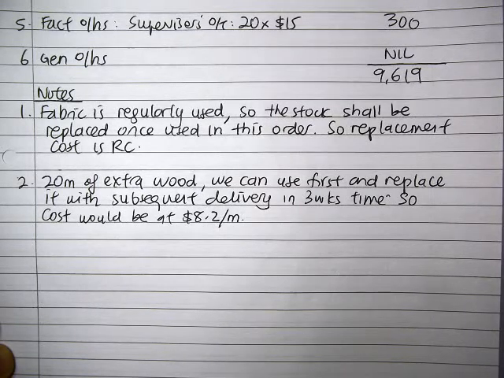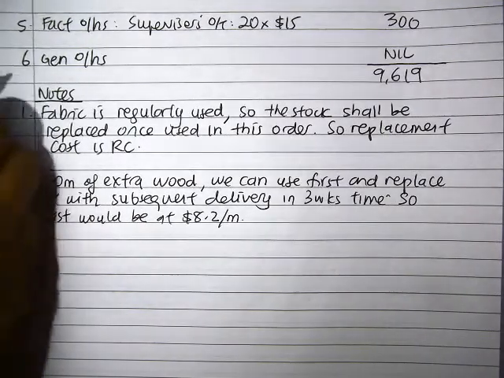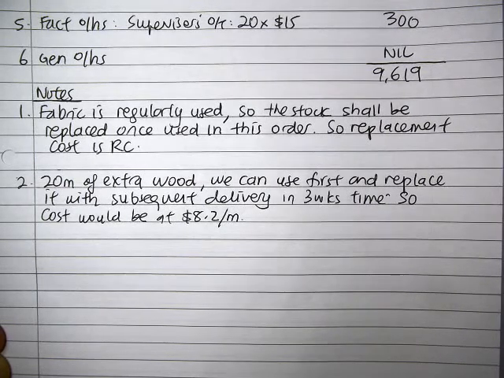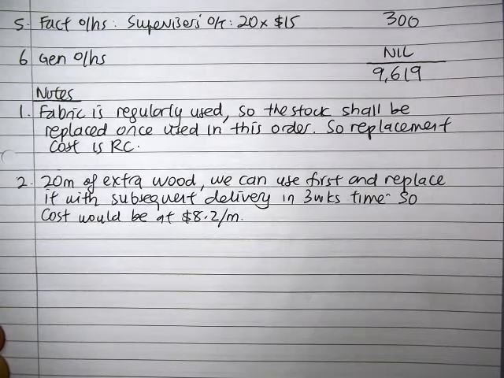Okay, so actually the examiner made a mistake in the question. Did you all notice or not? The wood is 50 meters, but the cost is 8.2 per square meter. But it's okay. Obviously you should know it's a mistake, okay? Because of the square, it's also very confusing.